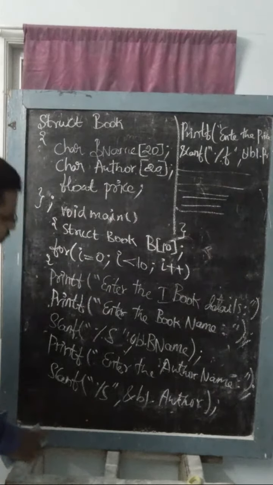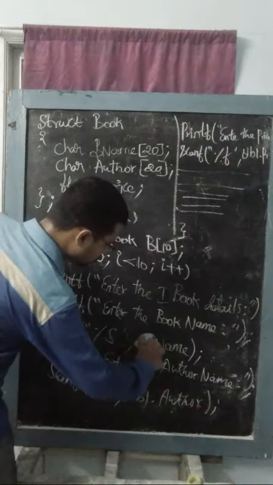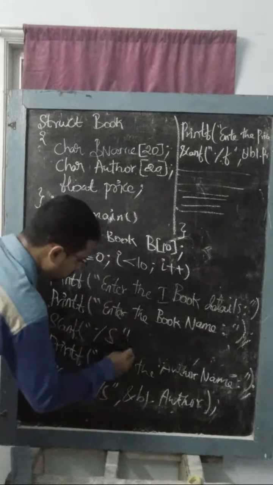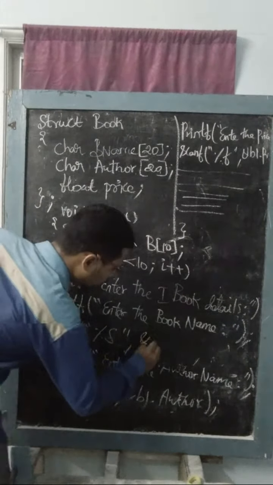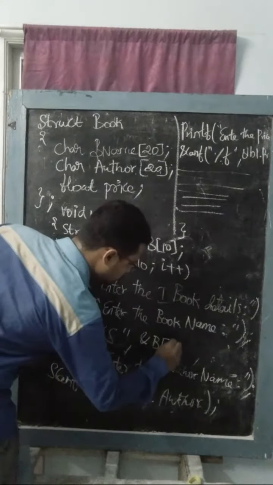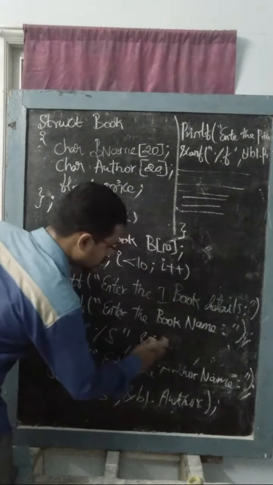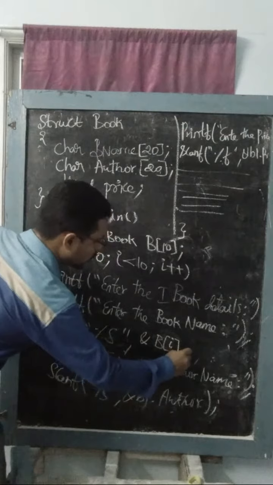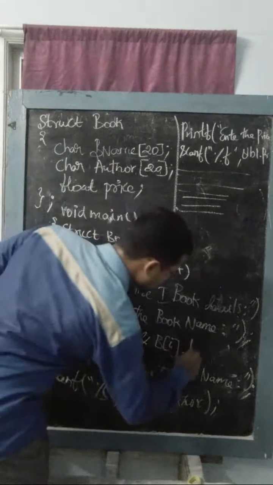So instead of B1, you have to give address of B of i, address of B of i dot, first thing, let us say bname.